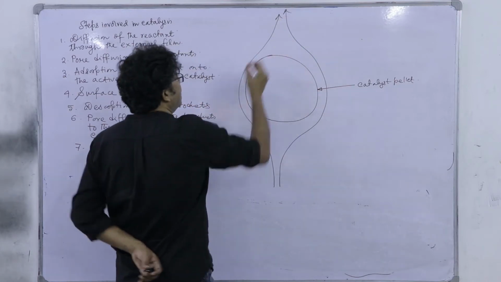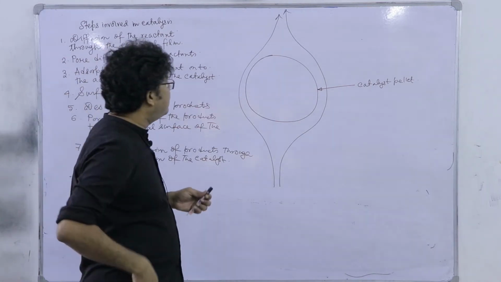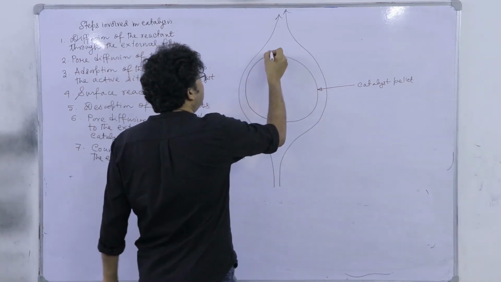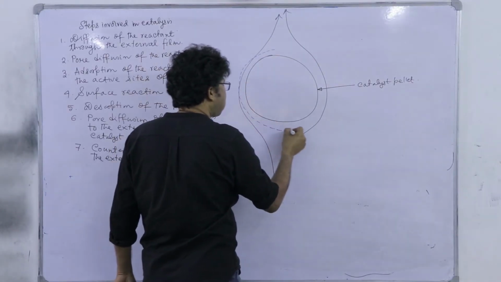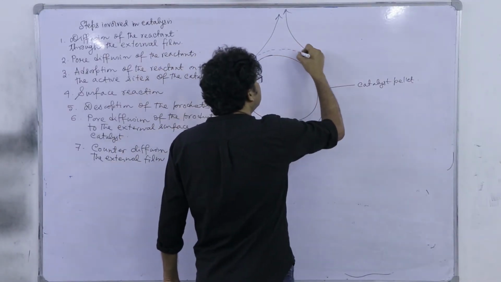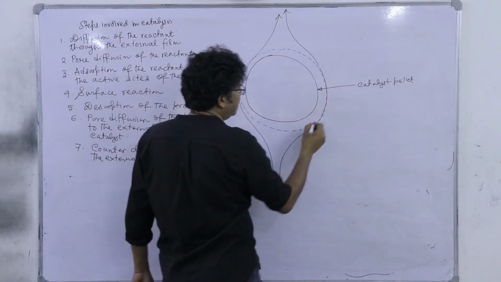Obviously, on the surface of this spherical pellet, we will have a formation of a film, through which the mechanism of mass transport is diffusion.